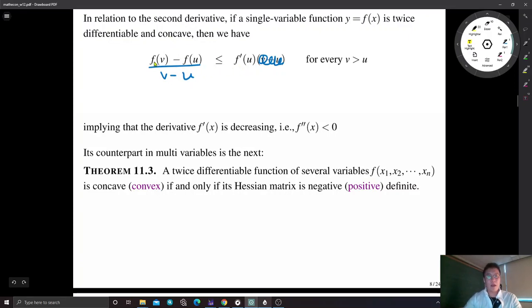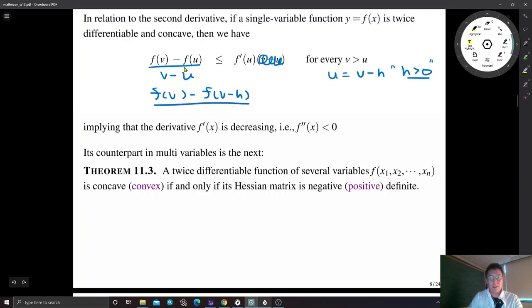Now let me relabel u by v minus h, where h is some number larger than 0. That stands for the gap between v and u. Because v is a larger number, v minus some constant h is going to be u. Then I can rewrite this fraction as f of v minus f of v minus h, and the bottom is going to be h.